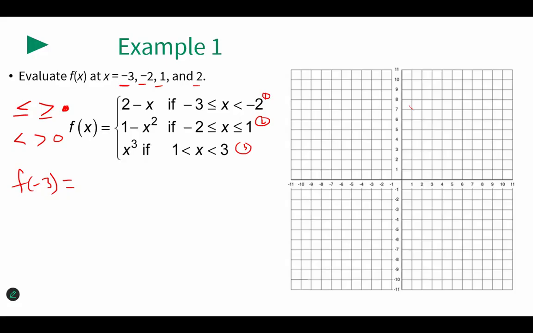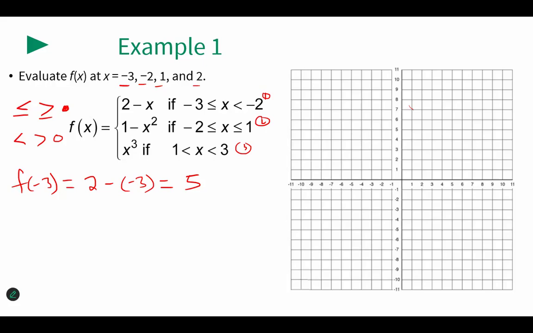So I'm using 2 minus x to evaluate f of negative 3. Where there's an x, it's now going to become a negative 3. So this equals 2 minus negative 3, and that equals 5. So f of negative 3 is 5 for this function.